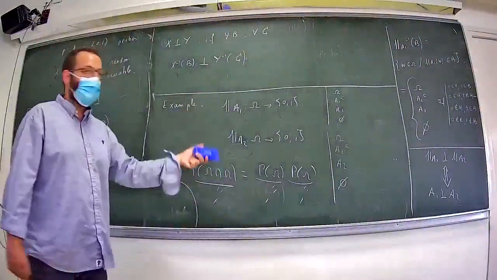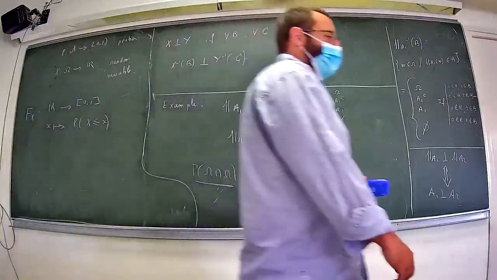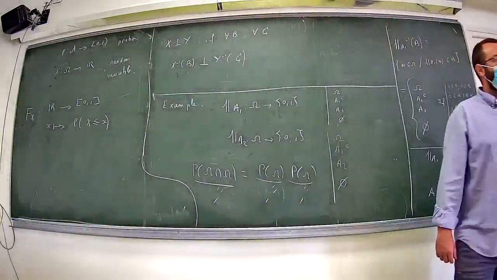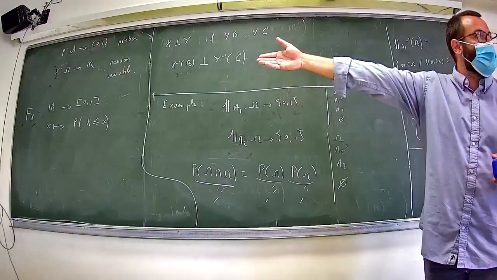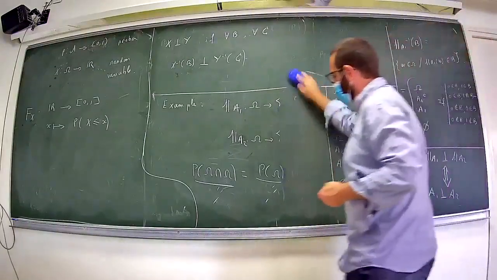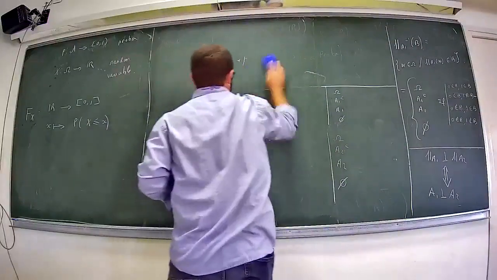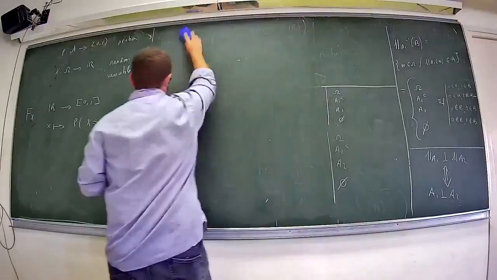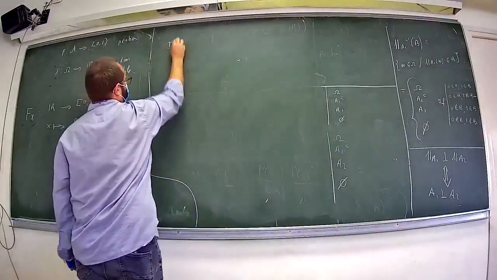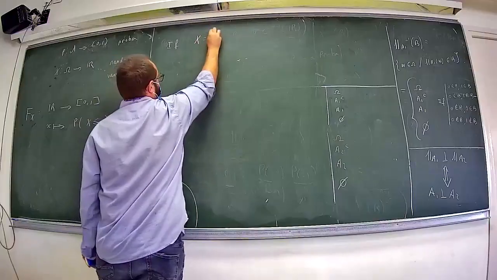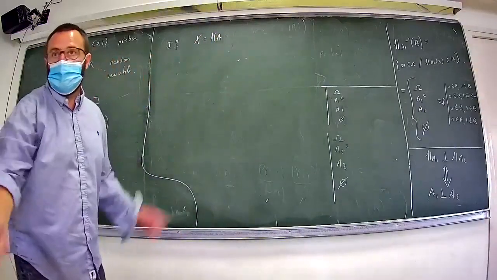I have on the board a particular random variable, the indicator function. So let's see what this mapping is in the case where X is equal to an indicator function. What happens in my definition if I take for capital X the indicator function of a set A?